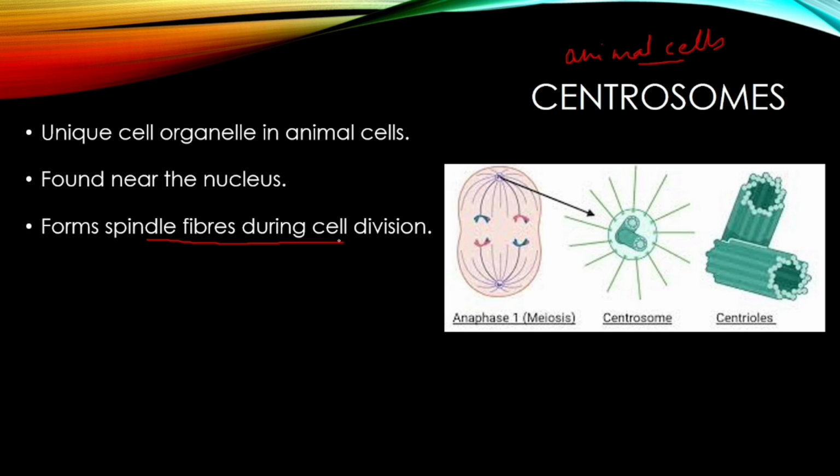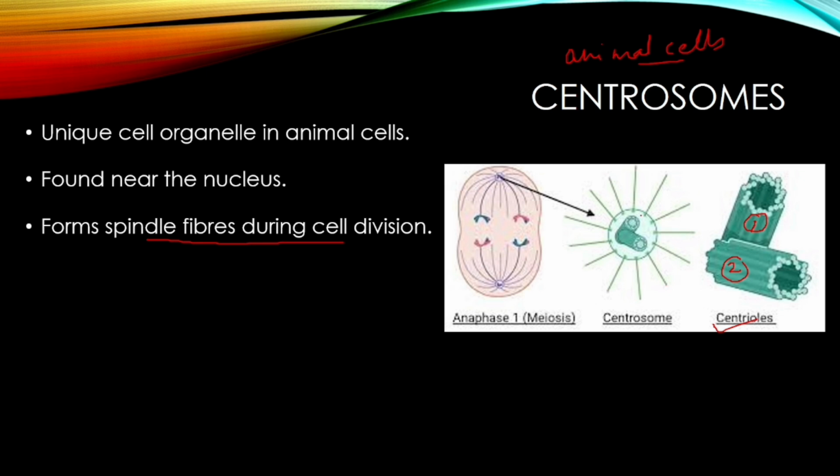In plant cells, since centrosomes are not there, spindle fiber originates in the cytoplasm directly. But in animal cells, you have centrosomes, and the two components of the centrosomes are called centrioles. You can see here, these two tubes perpendicular to each other, they are centrioles.